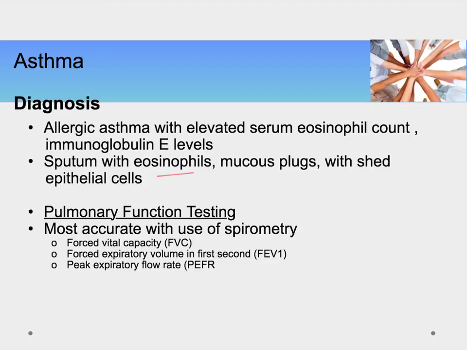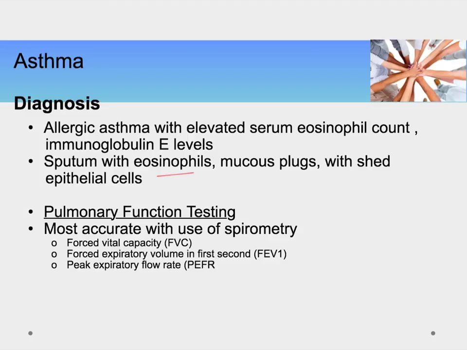And this is something that happens, like I said, by very highly trained people in a lab that do this pulmonary function testing. But it is the hallmark of diagnosing asthma and COPD, actually, because really what we're determining is the patient's volumes and their capacity of their lungs right now.